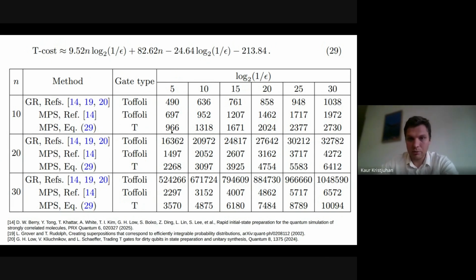We're using the circuit that we showed earlier, but there are other approaches which use different kinds of circuits. So we costed against those. What we can see is that these values are quite similar. They scale similarly, but the main difference is that they're counting Toffolis and we're counting T gates. So if you multiply this Toffoli number by 2 or maybe by 4, then either way we have a lower cost.